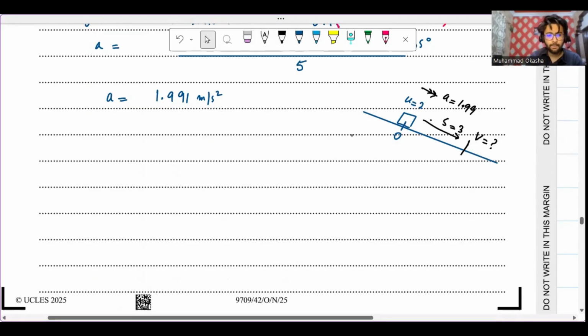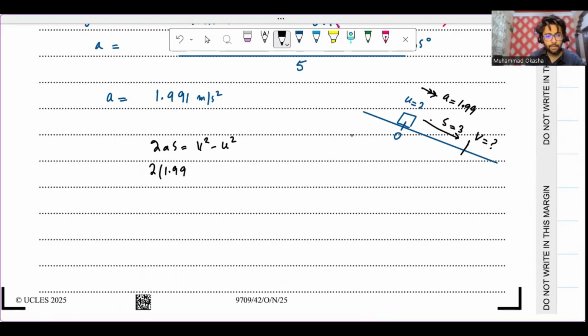I think it's a simple third equation of motion question, which is simply 2as equals v squared minus u squared. Acceleration is 1.991. Distance traveled is 3. We need to work out the final velocity. And the initial velocity when it was passing through point O was 2. So if I were to work it out, I'm going to get v equals square root. I'm going to send 2 over to the other side.